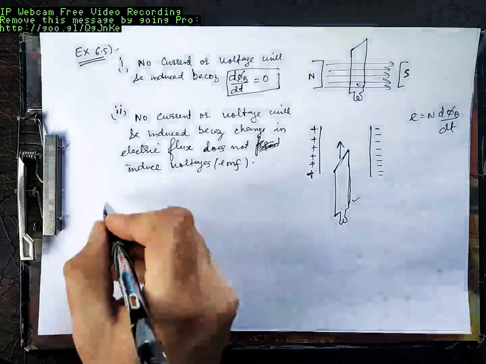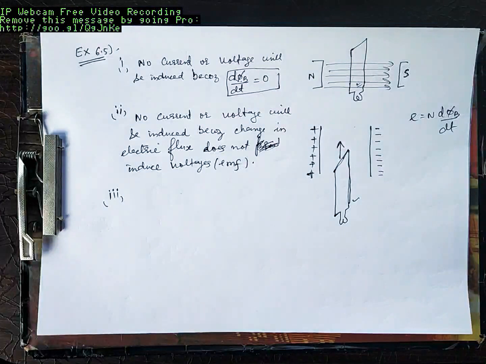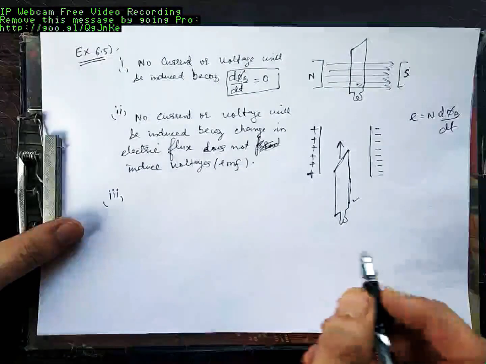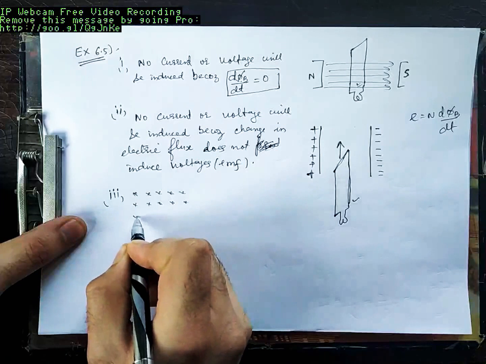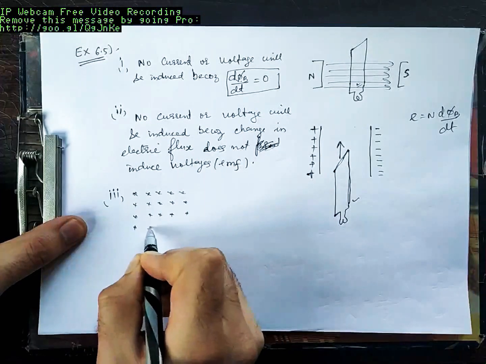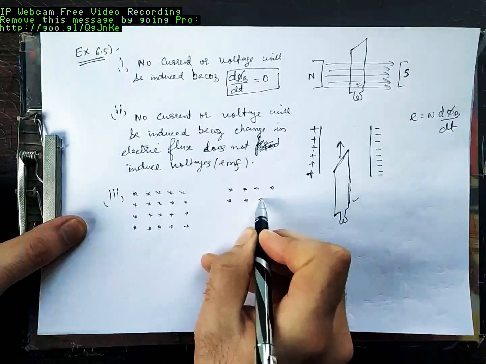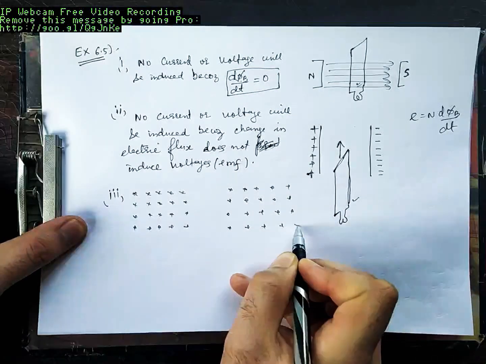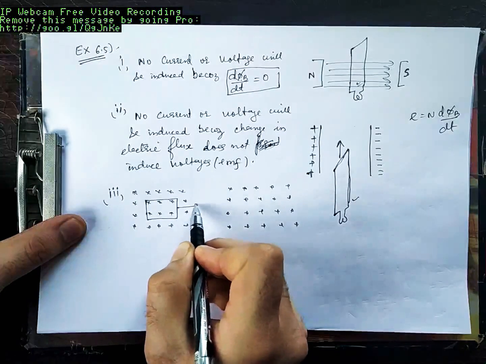Third part is, this is a good question. You have a magnetic field here. Again, assume same magnetic field here. In case 1, you have a rectangular loop moving out with velocity v.